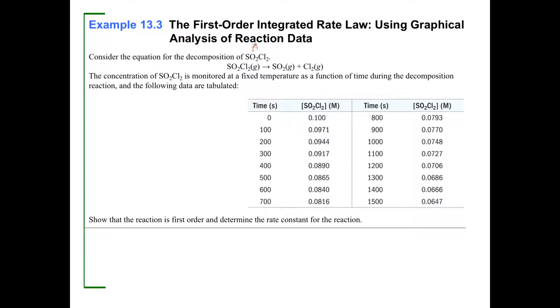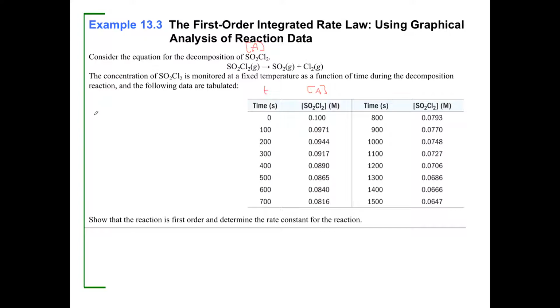In the previous language, I was calling that A. So there's the concentration of SO2Cl2, like my concentration of A, and here's my time. What I'm supposed to do, first of all, is show that the reaction is first order, and then determine the rate constant for the reaction.